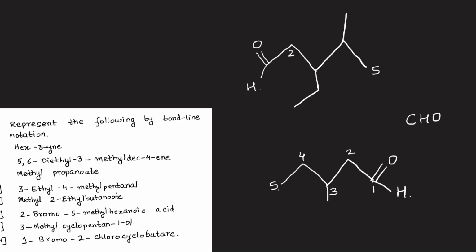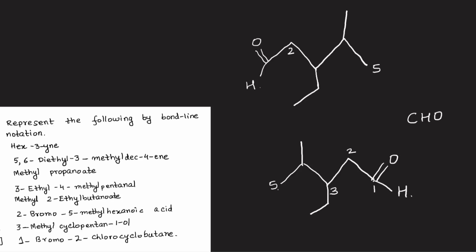So at the 3rd position you've got the ethyl group, and at the 4th position you have the methyl group, right? So then your structure is going to be like this. So just be careful if you mirror it, which side is position number 1. You have to be careful about the rules of the nomenclature.